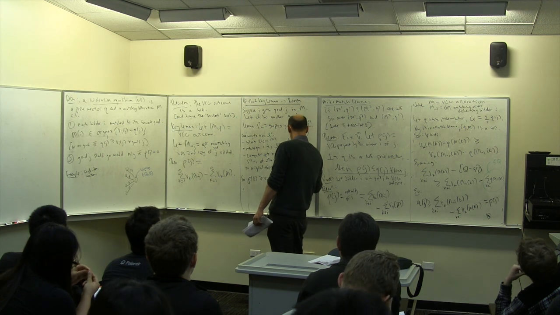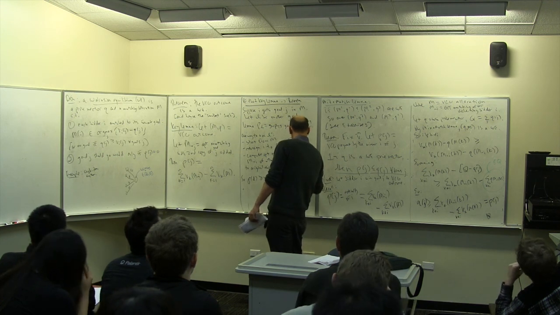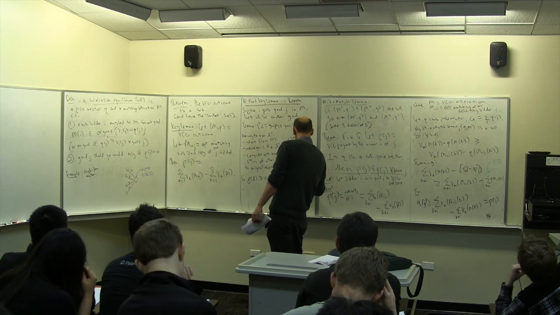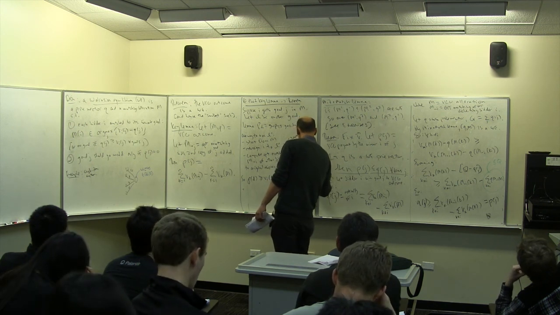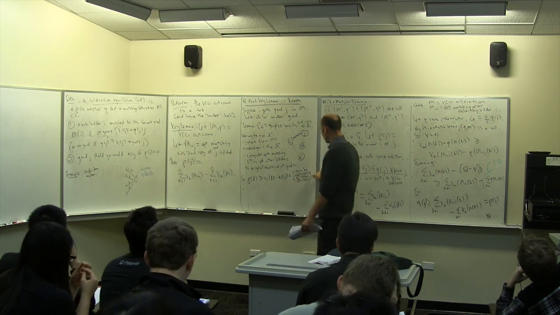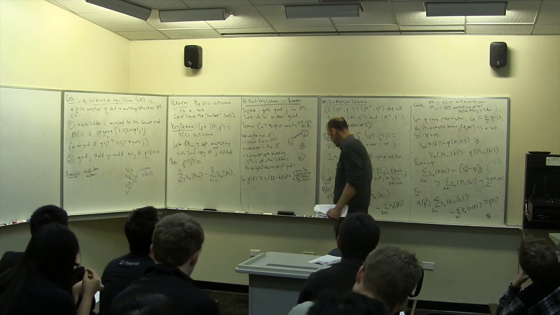So let's write this as the gain by re-optimizing for bidders other than I. This is just by definition, this is just what we did.